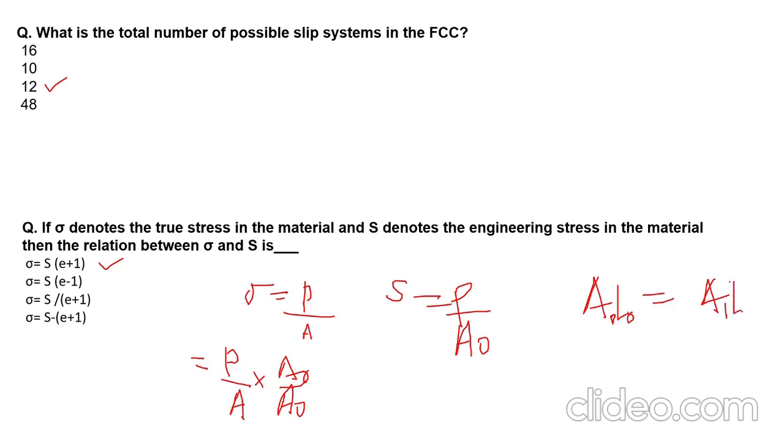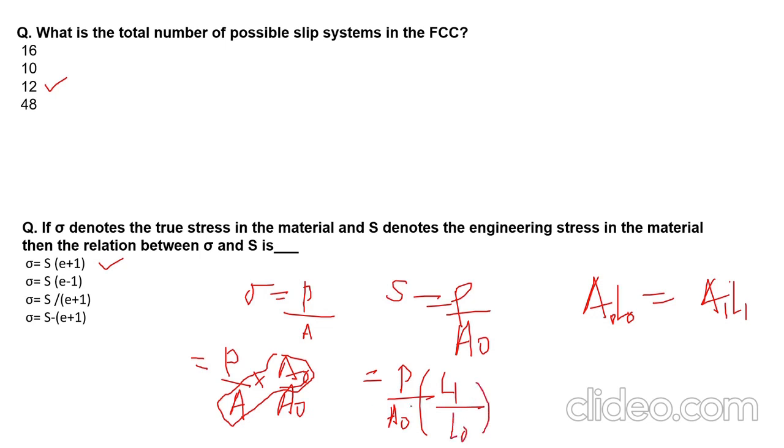Then you can replace this A naught by A in this equation, and you can write P multiplied by L1 by L naught, P by A naught first. So then we will have L1 by L naught.